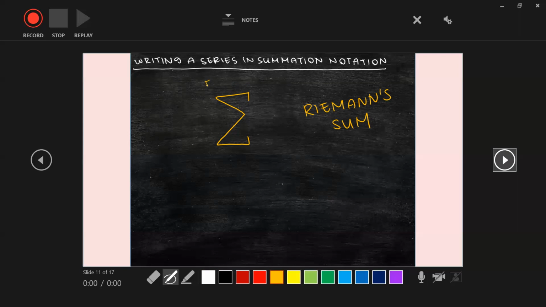You're going to have a final or your last term here, that'll be your a sub n, and your starting or first term. And then what you're going to write here is, usually you'll have some parentheses, sometimes you won't, some sort of formula, usually an explicit formula that we've already come up with.